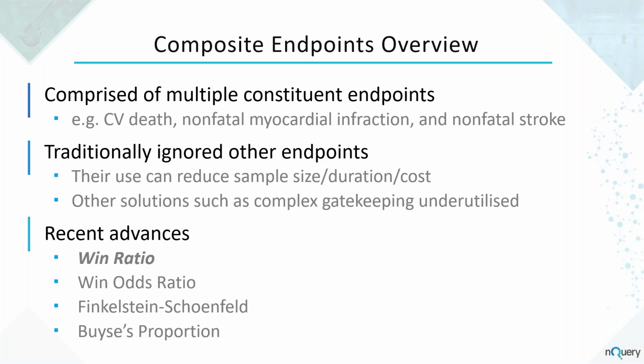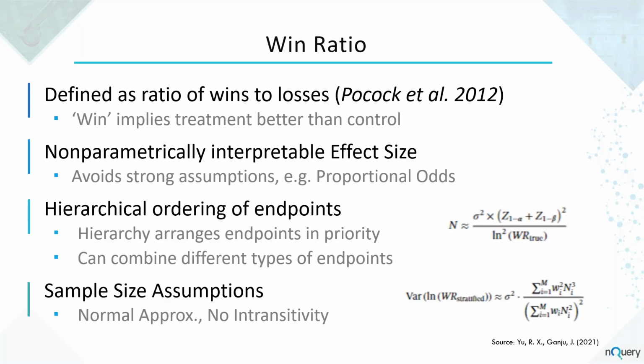It's non-fatal stroke. Then you examine non-fatal stroke between the subject from the treatment and control group, and if that results in a tie, then it is marked down as a tie for that comparison. So this means that you're examining all of your endpoints in a hierarchical manner. So you're ordering your endpoints in some hierarchical manner in terms of priority.